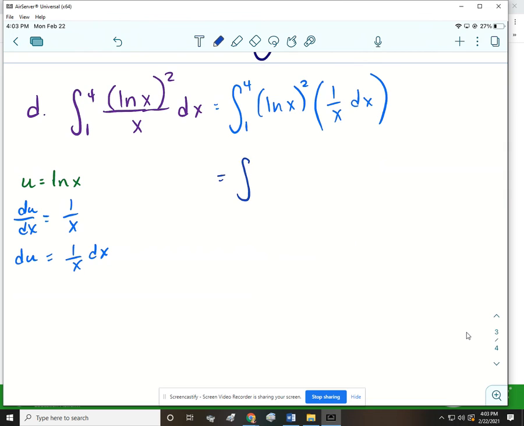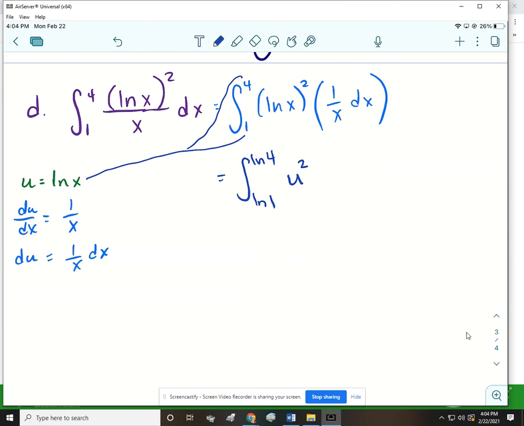So I don't have anything to correct. I can go ahead and plug in. All right. So I would plug the 1 and the 4 in for x, which is going to give us kind of a weird lower and upper limit, but it's going to be okay. Hang in there. In the place of natural log of x, I'm going to put u.